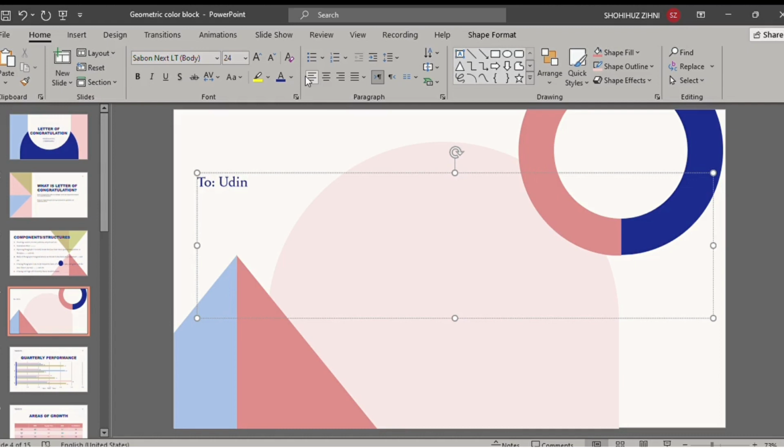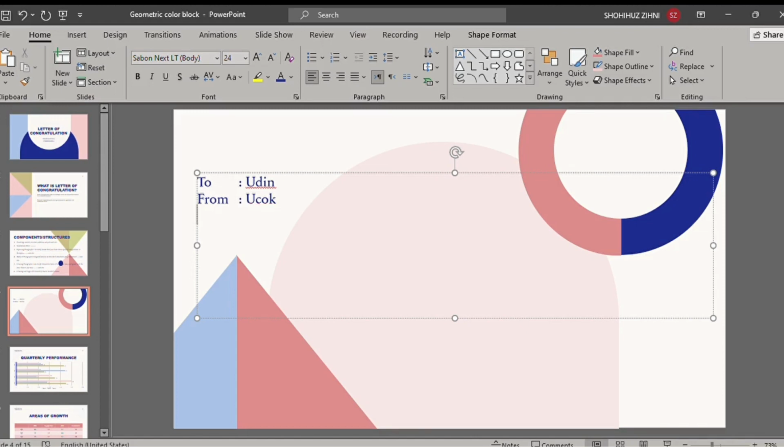And write the sender. The sender is who sent the letter, for example, Ucok. What you need to pay attention to is also the justification. You have to make the letter justified.